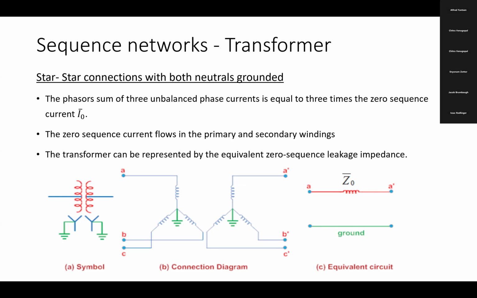Okay, and so this is how the actual diagram looks. Primary ABC, secondary A prime, B prime, C prime. If it is this connection, then because ground is involved, you should include the ground between A and A prime. Primary and secondary are mutually connected through leakage impedance, so we cannot just isolate primary and secondary.